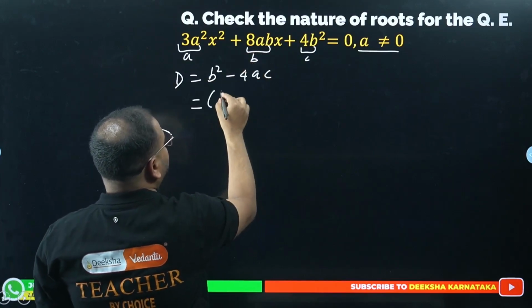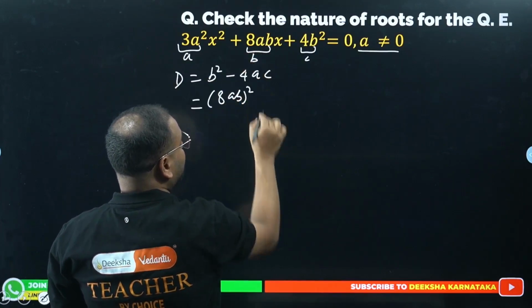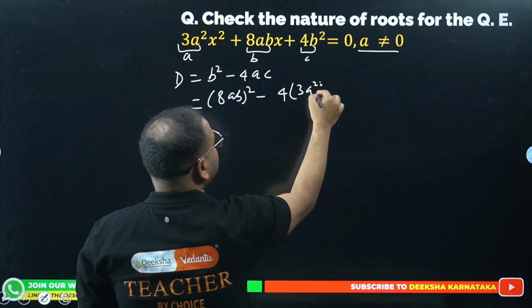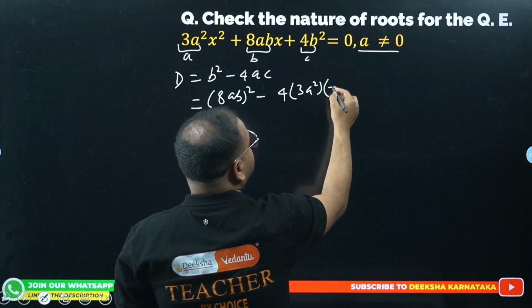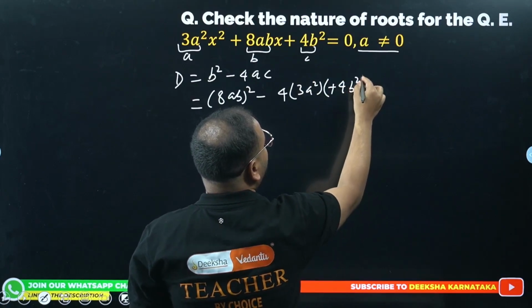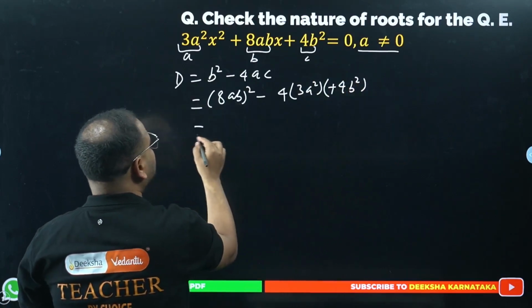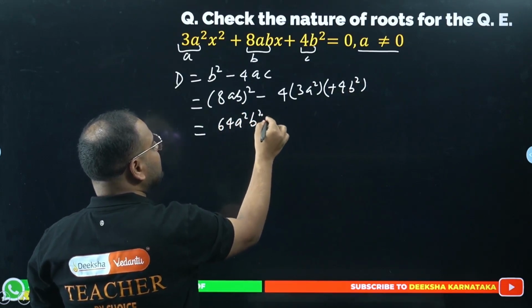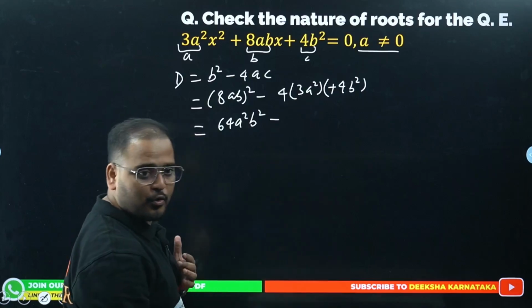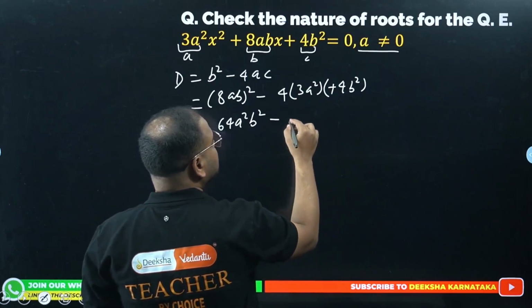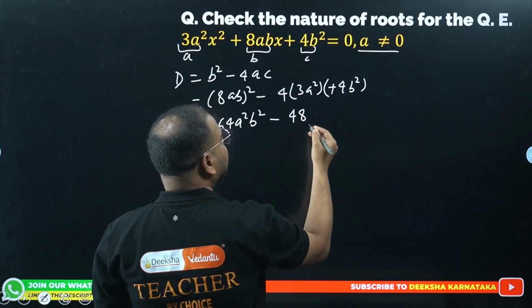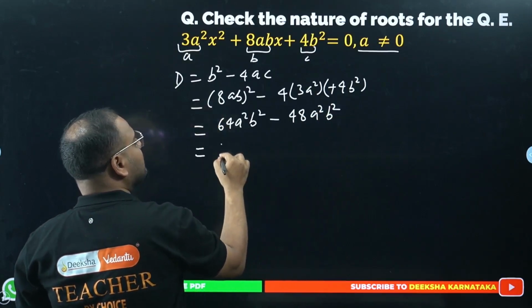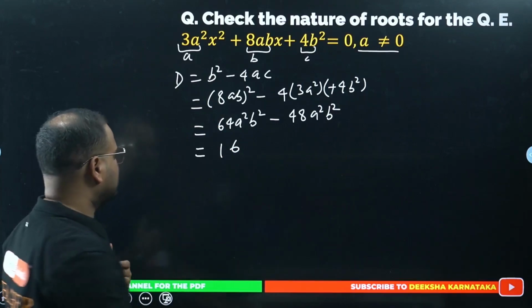This term, 8AB, the whole square, minus 4 times A, which is 3A square, and B is plus 4B square. 8 square is 64 A square B square, minus here 4 threes are 12, 12 times 4 is 48 A square B square. The difference is 16 A square B square.